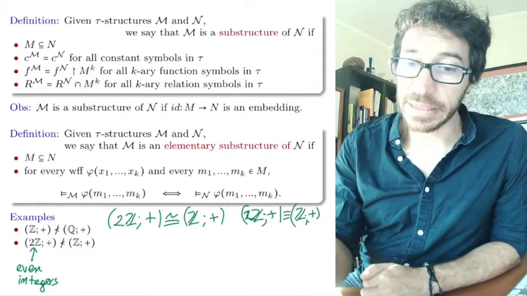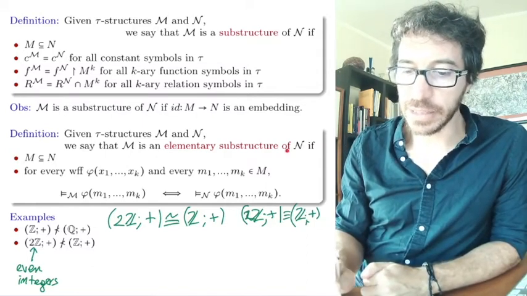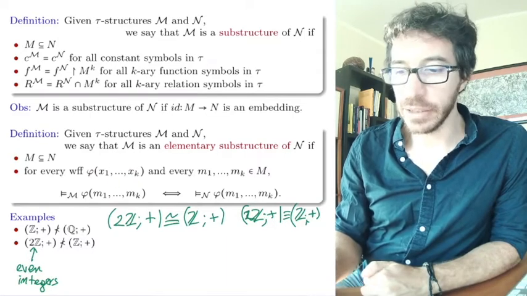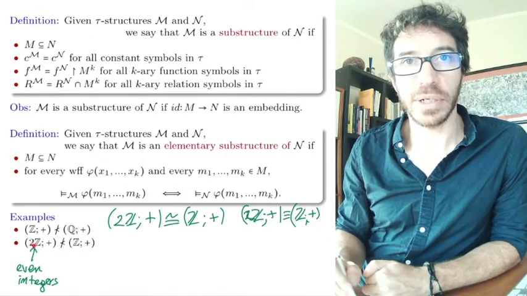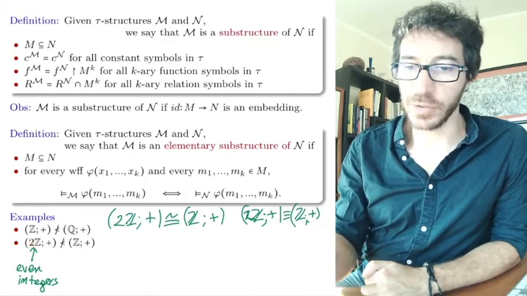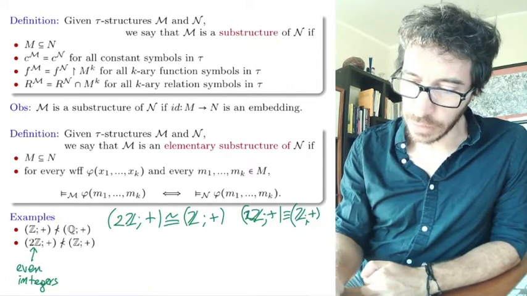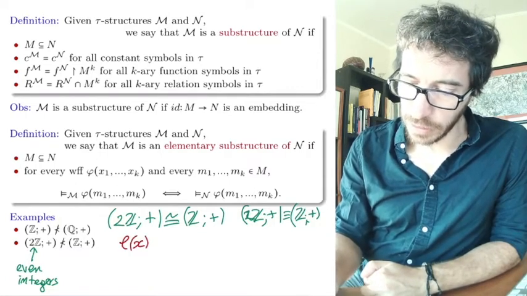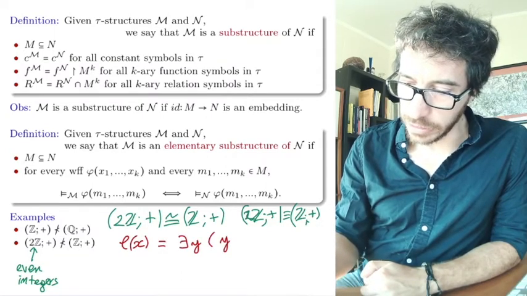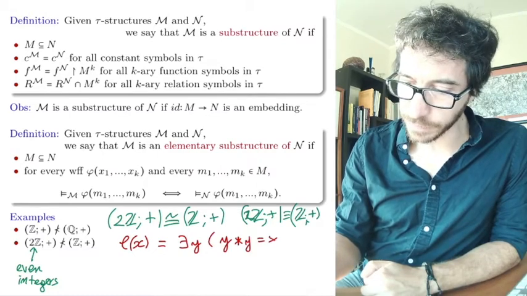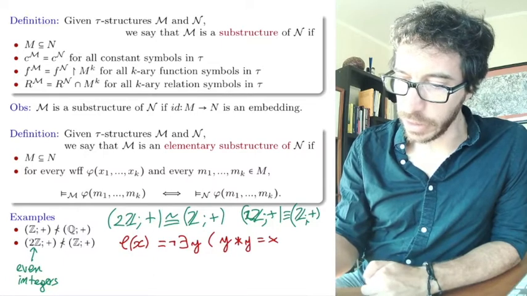But an elementary substructure is more than satisfying the same sentences. You need to satisfy all the same formulas with the elements from the smaller one, which in this case is the even integers. And this is not the case. For instance, let phi of x be the formula: there is no y such that y plus y equals x.